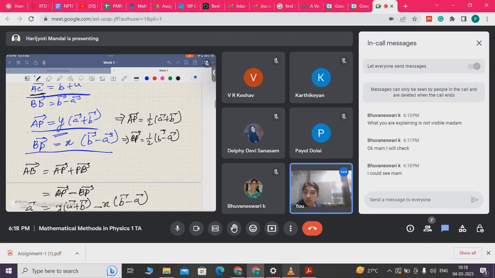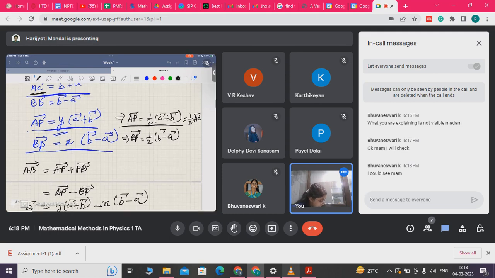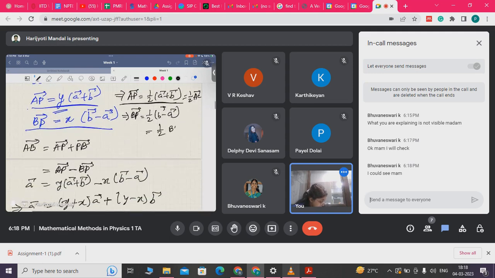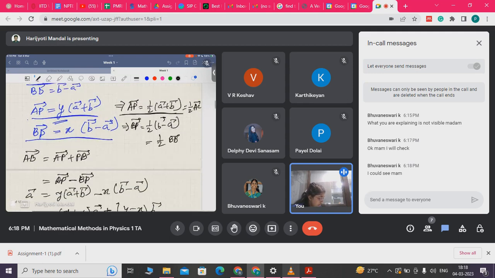So I will continue now. From this, when we put y equal to x equal to half, we can see that AP is half of A plus B, which is half of AC. Half of A plus B is equal to half of AC. And similarly, half of B minus A is half of BD.